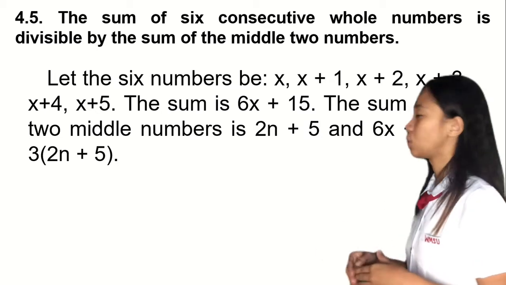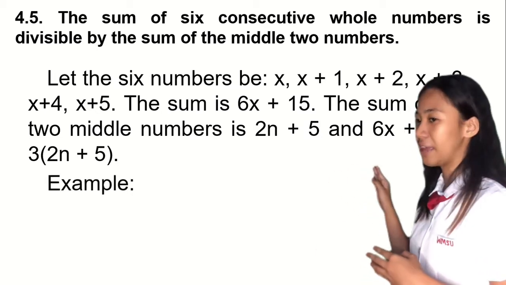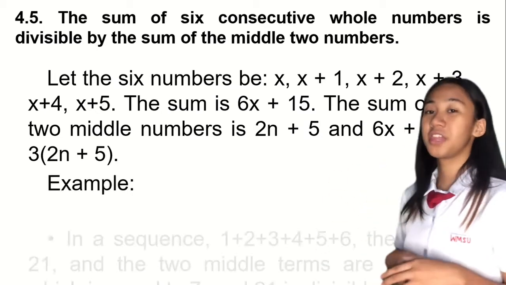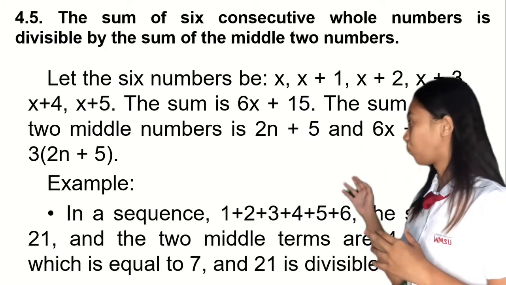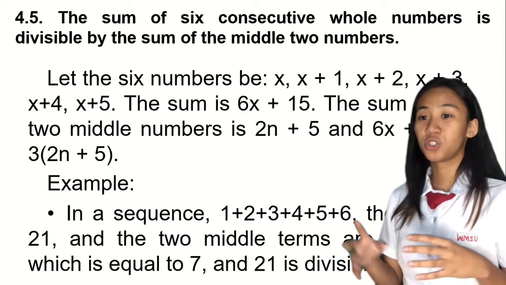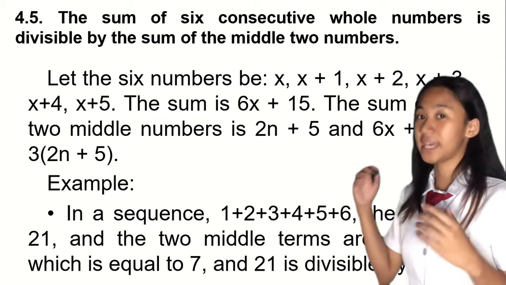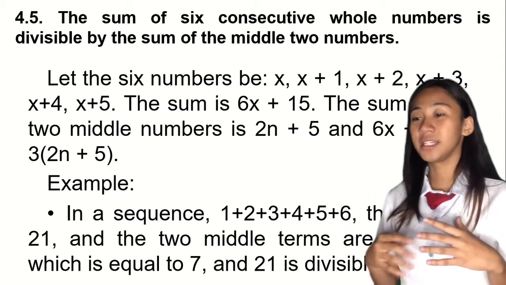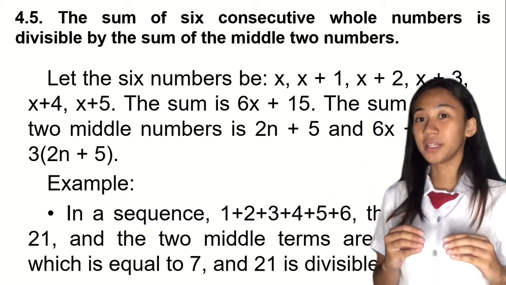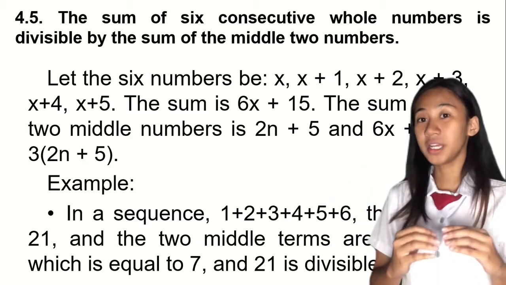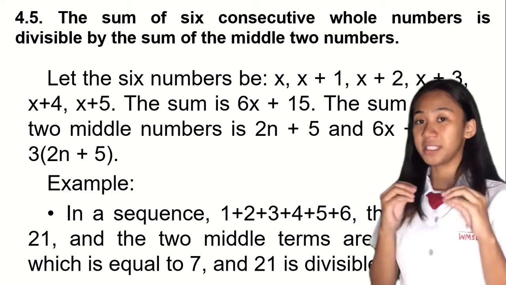For example, in the sequence 1, 2, 3, 4, 5, 6, their sum is 21. The two middle numbers here are 4 and 3, and adding them results in 7. Then we can conclude that 21 is also divisible by 7.